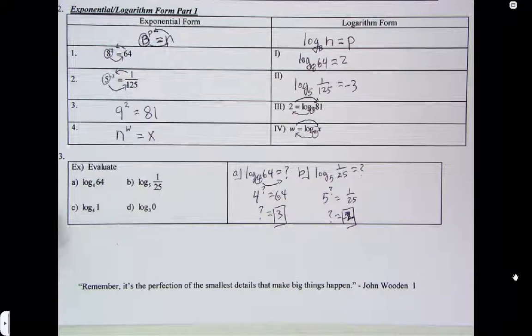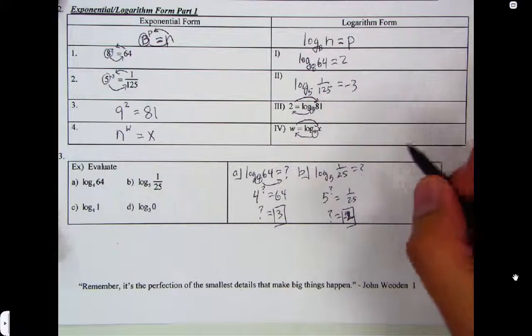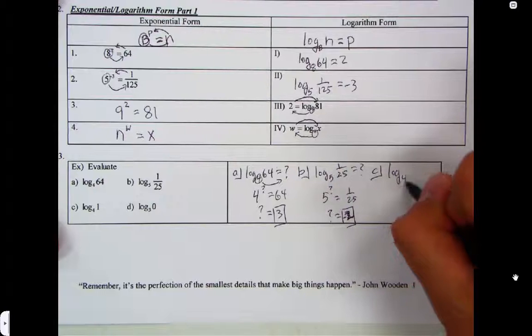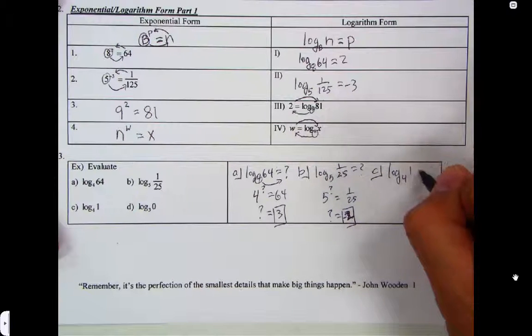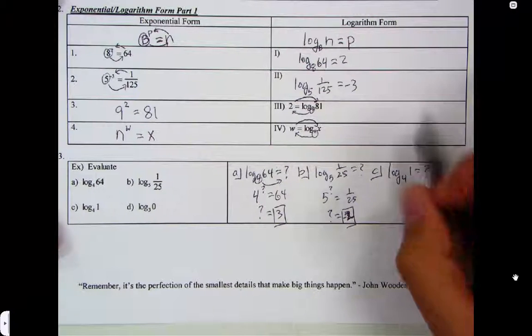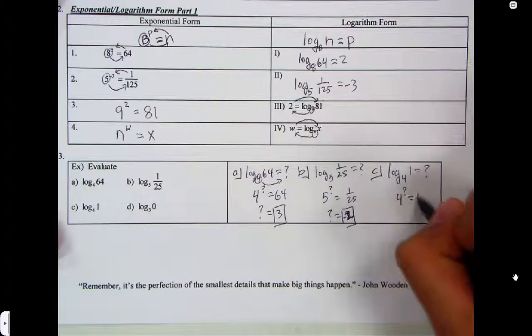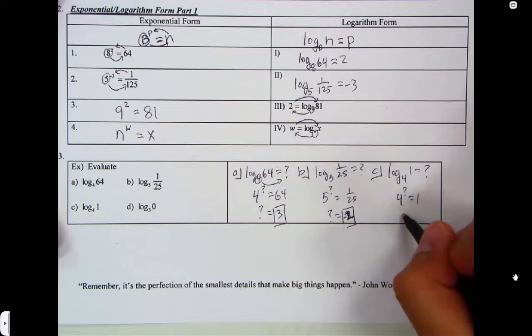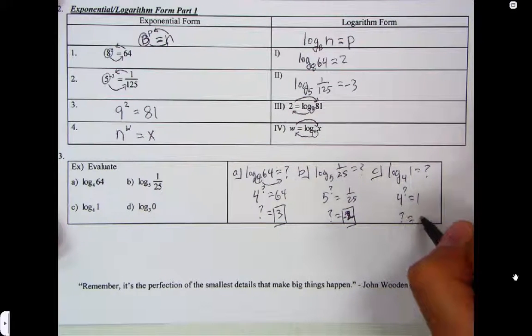Negative because I know it's a fraction, and 2 because 5 squared gives you 25. C, log base 4 of 1 is equal to what? So 4 to the what will give you 1. Well, anything to the 0 power will give you 1, so question mark is equal to 0.